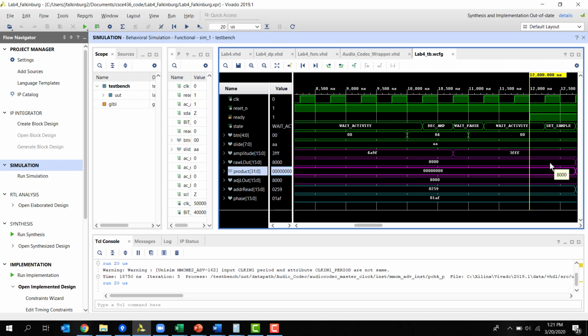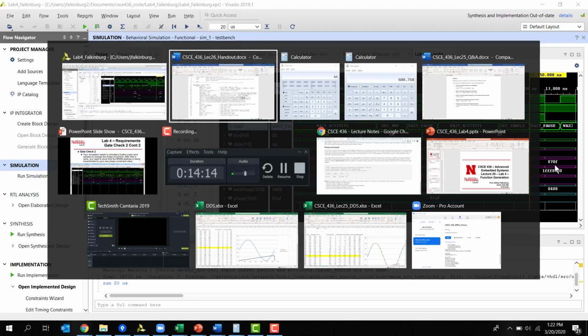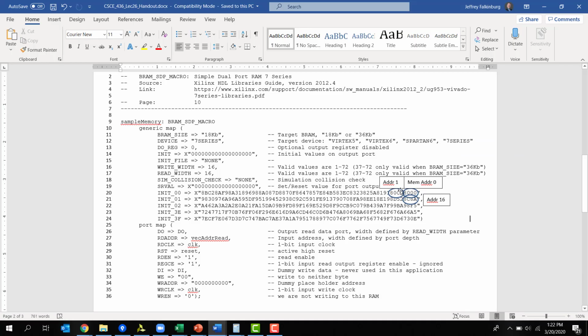Notice we get the next sample, which was 9.387. So if I look in here in my VRAM, I have the first 0, 1, 2, 3, 4, 5, 6, 7, 8, 9.